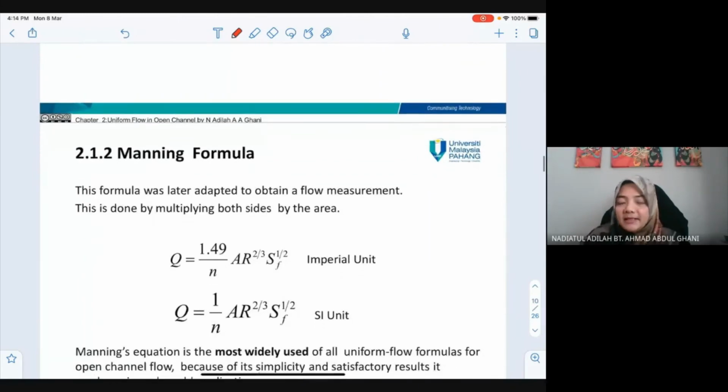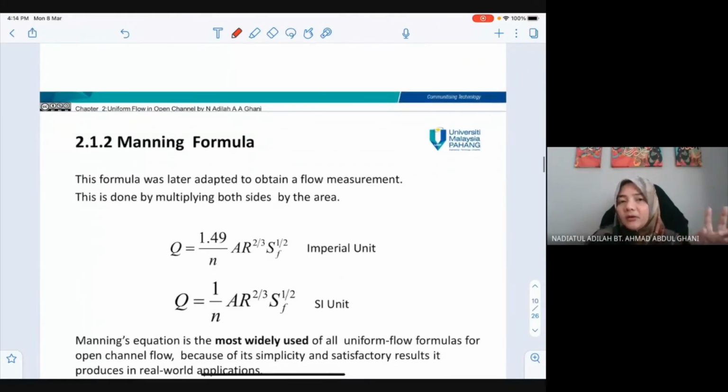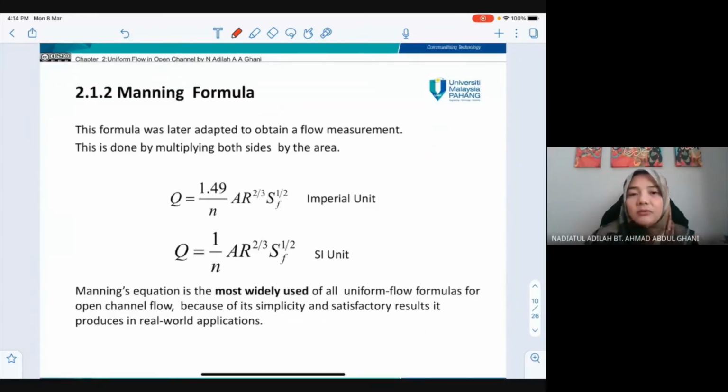Selain daripada Chezy formula, another formula that we use to calculate the resistance of flow for uniform flow ialah Manning formula. Formula Manning ni memang selalu dipakai, most widely used of all uniform flow formulas.